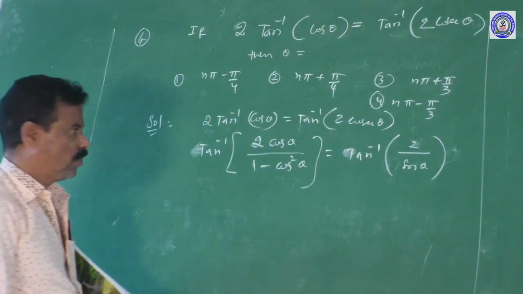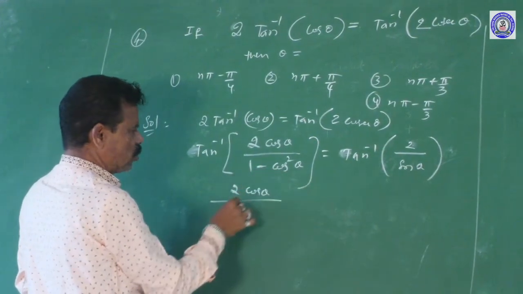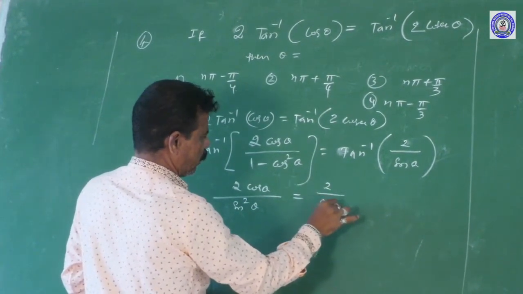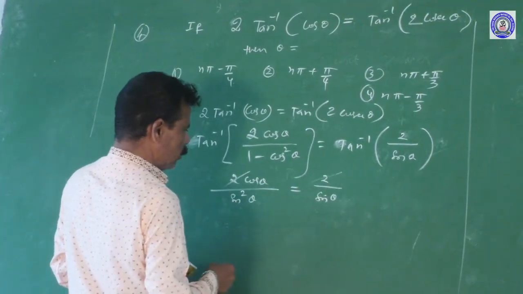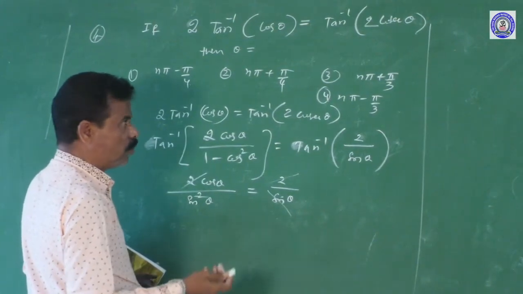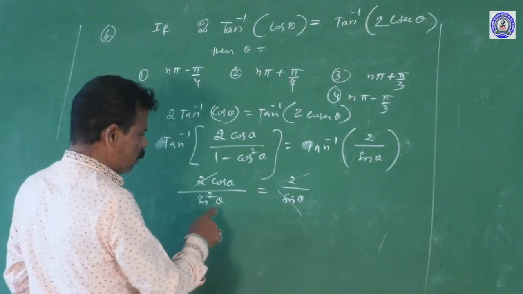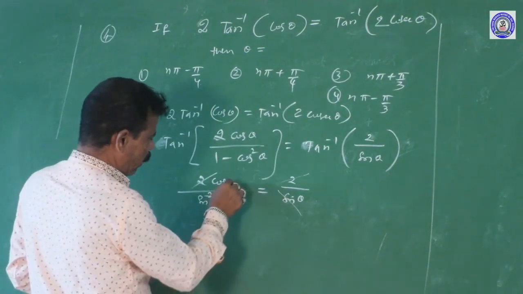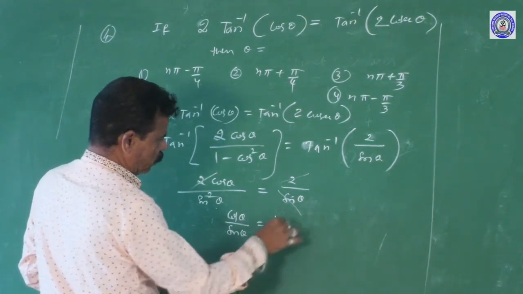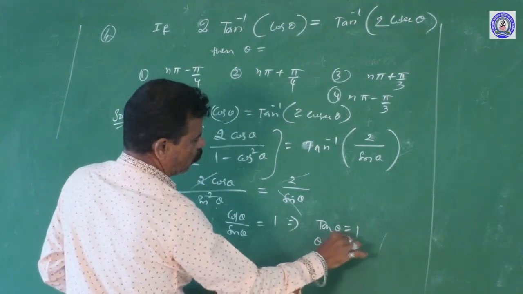Both sides tan inverse removed. 2 cos theta by 1 minus cos square theta, which is sin square theta, is equal to 2 by sin theta. The 2s cancel and one sin also cancels. If we take sin common, sin theta equal to 0 comes, but in the options there is no 0, so sin theta is neglected. The remaining cos theta by sin theta is equal to 1, that is cot theta is equal to 1, automatically tan theta is 1, theta is equal to pi by 4.